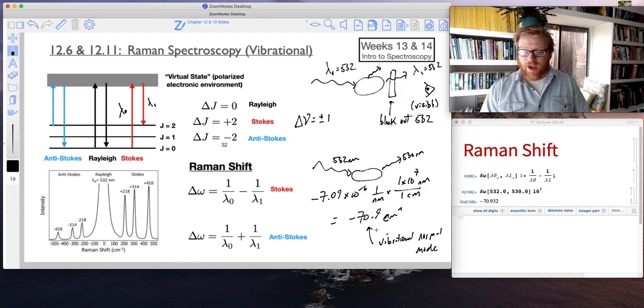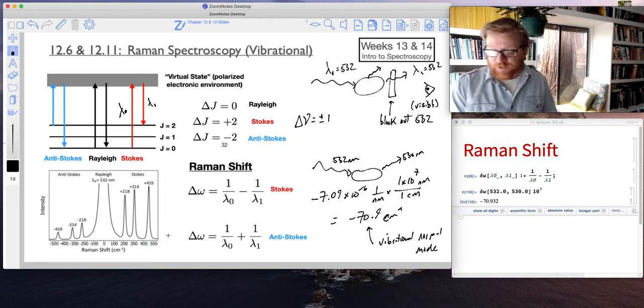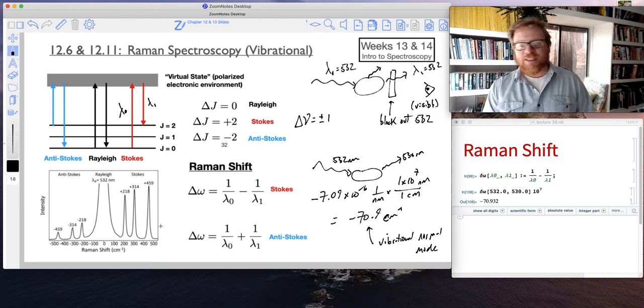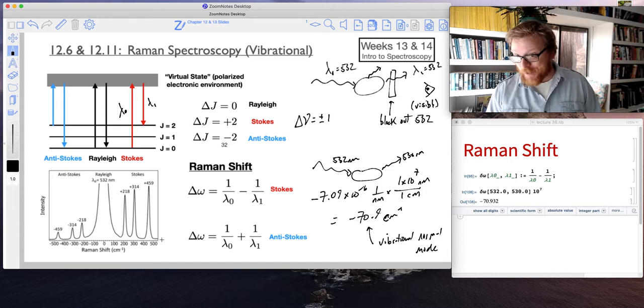Which is pretty cool. And of course, because this graph is showing us vibrations based on the Raman shifts, I would see the corresponding positive peak in the Stokes shift, which is also kind of cool.